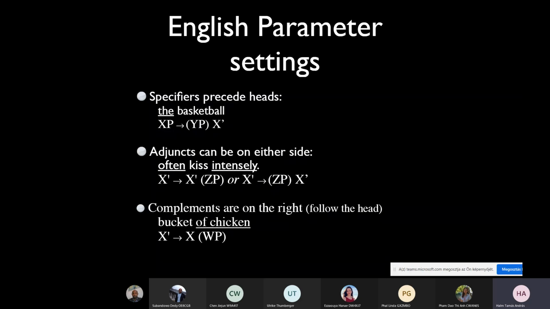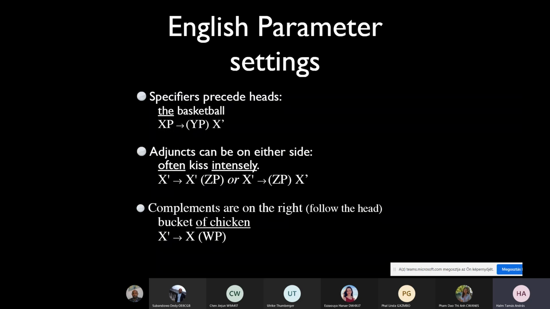By the way, question, do you happen to know a language where a determiner comes after the noun? Do you maybe happen to know a language where the basketball would be basketball the? Ulrike? I think it's in Romanian this way. Yes, that's right. In Romanian, absolutely.